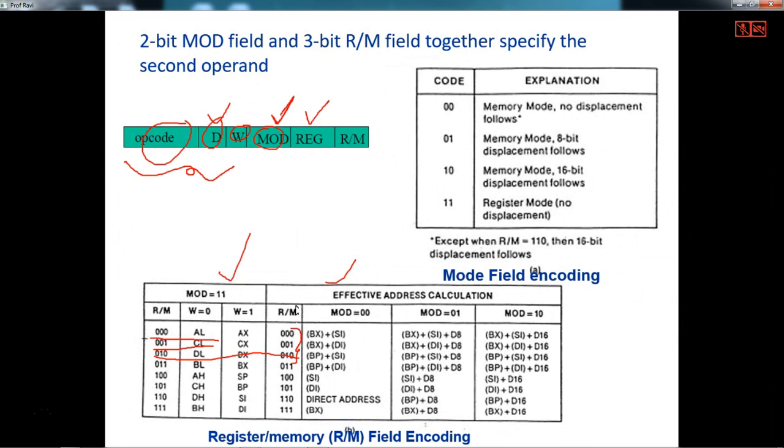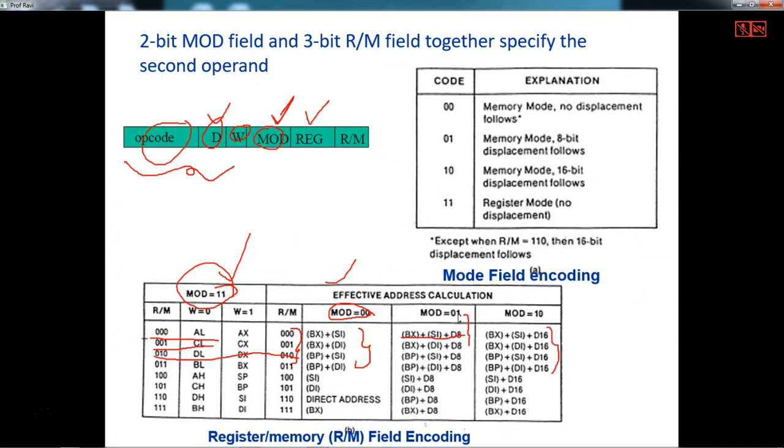Then coming to the mode, if you are using 11, that means registers, and 00 means a displacement kind of thing, index register addressing mode. 01 means base plus SI plus D8, and mode 10 means 16-bit displacement.